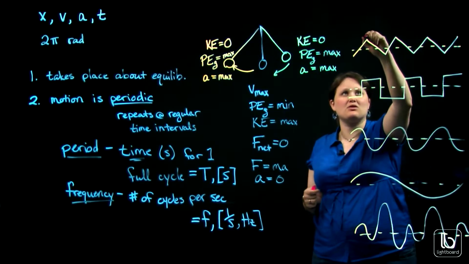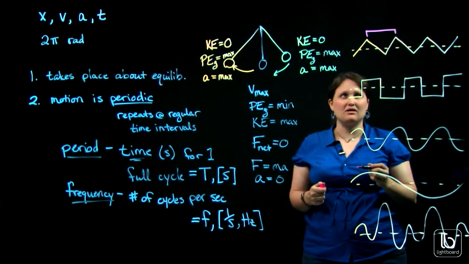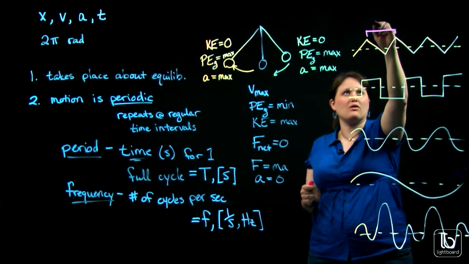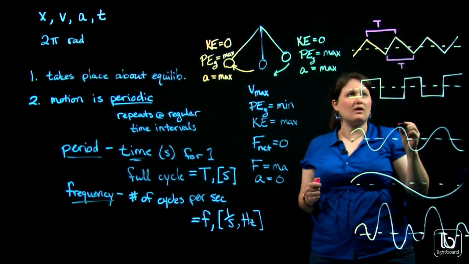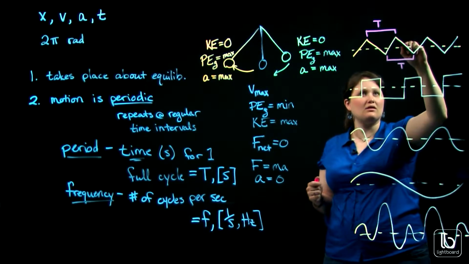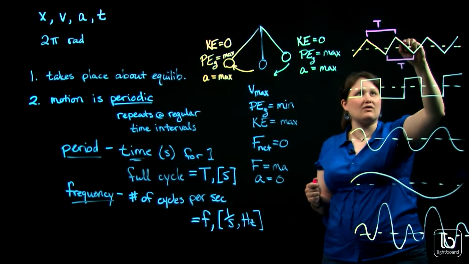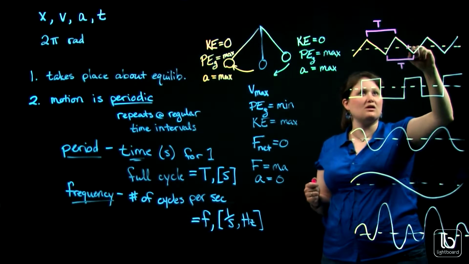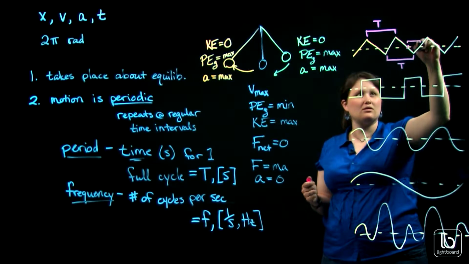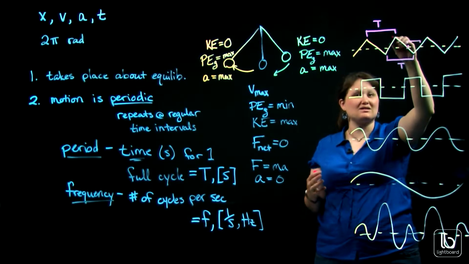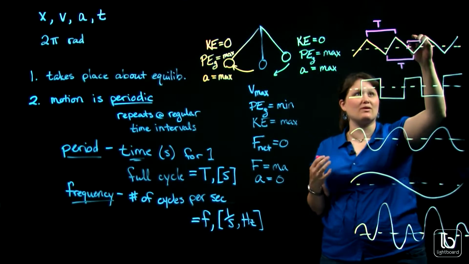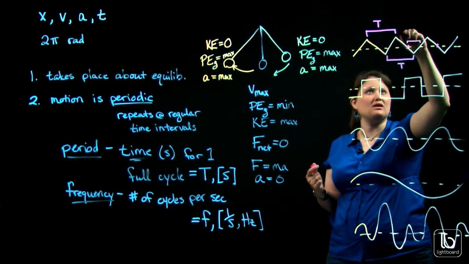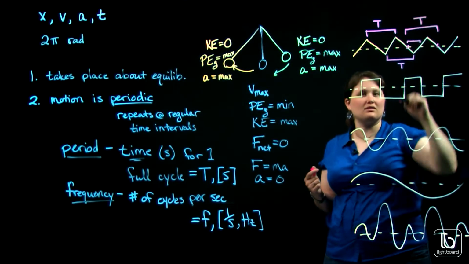So I can talk about the period being from peak to peak, or from trough to trough, or I can talk about the period being from where I cross the line at a downward position to here. Is that a period? No, because like we said, it has to not only be in the same position, but it also has to be going in the same direction. So here to here is truly a period.